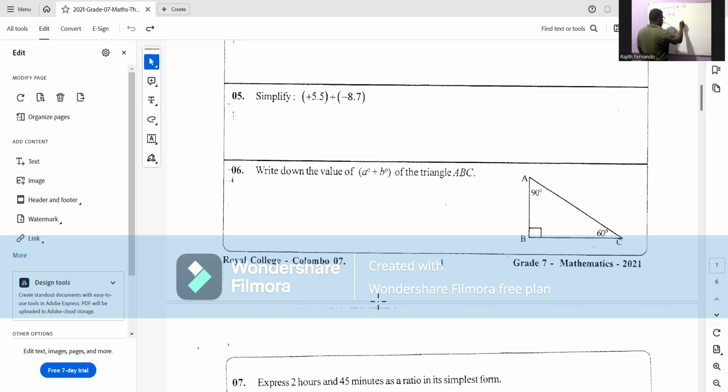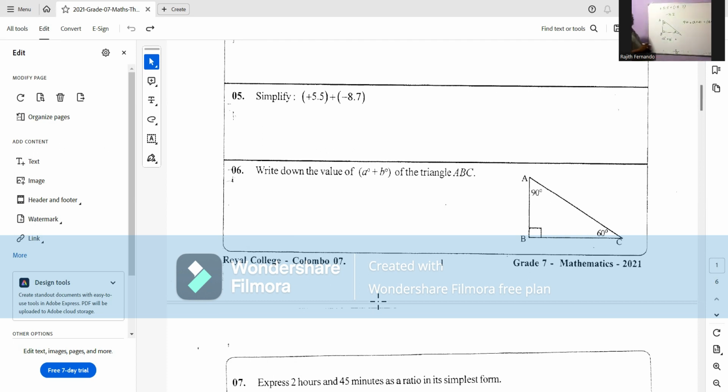That means this angle and this angle should be 180. Therefore, this angle is 90 plus A plus B is equal to 180.